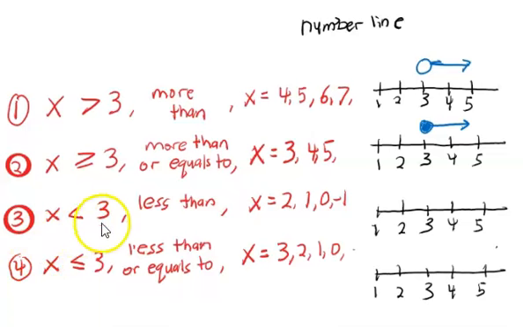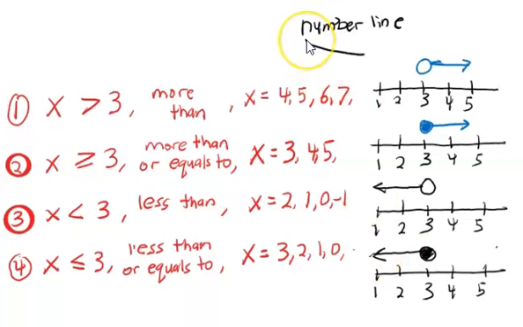When we have less than 3, we put a circle, you don't have to shade it, and then put the arrow in the opposite direction. Now we have the less than or equals to sign. In this circle, don't forget, we have to shade it and follow the direction. This is called a number line.